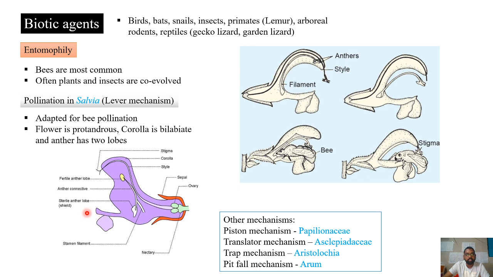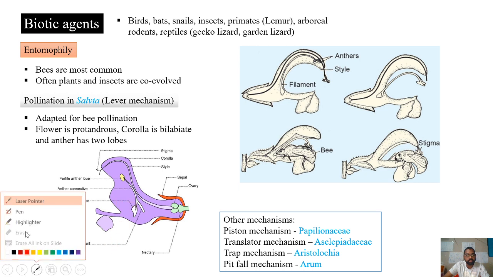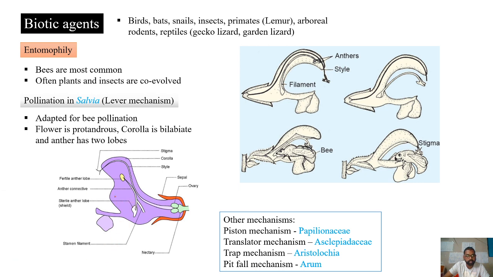Now when the insect visits the flower for the nectar which is present here, the insect will land on the sterile anther lobe. Here it will land. When the insect lands on this sterile anther lobe, the sterile anther lobe will be pressed downwards.